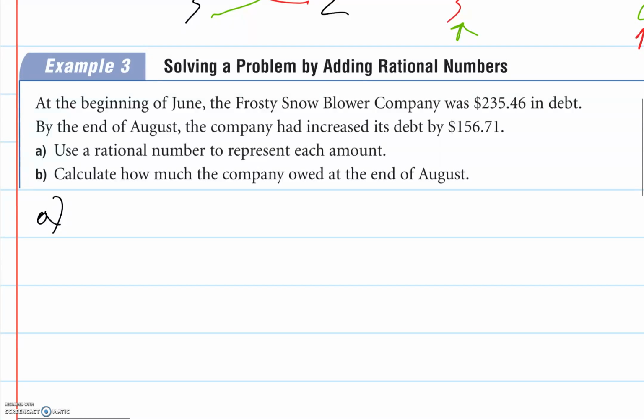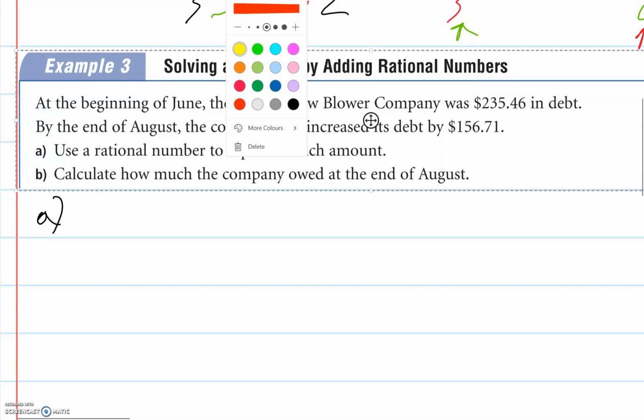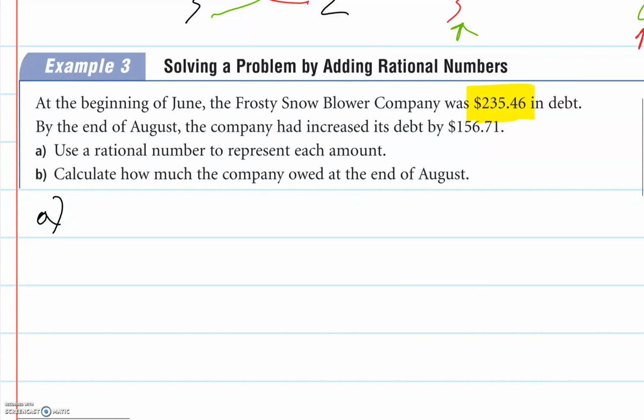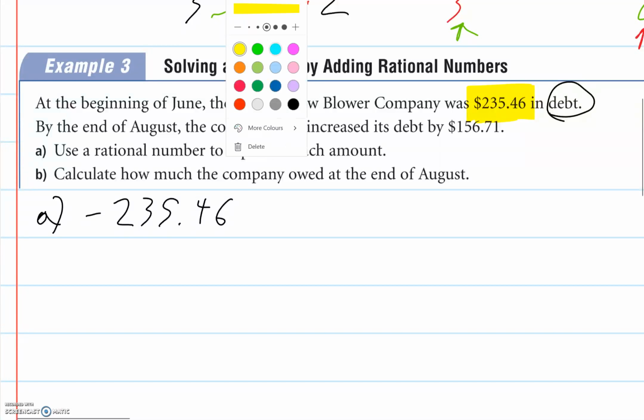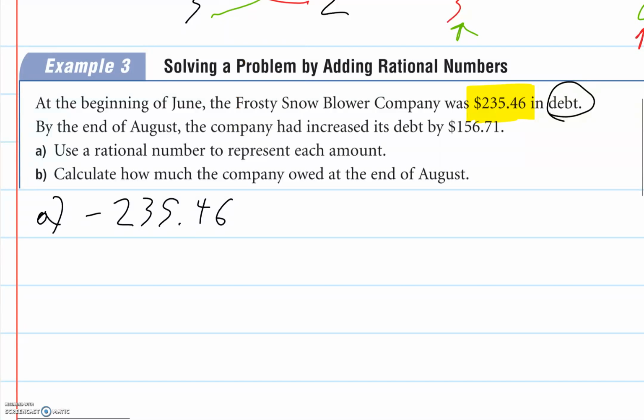The first amount here, let's see if I can highlight it for us, is there in yellow. If we're using a rational number, we have to remember that it's in debt. That's why we put this little negative here: negative 235.46. And then maybe another color here.